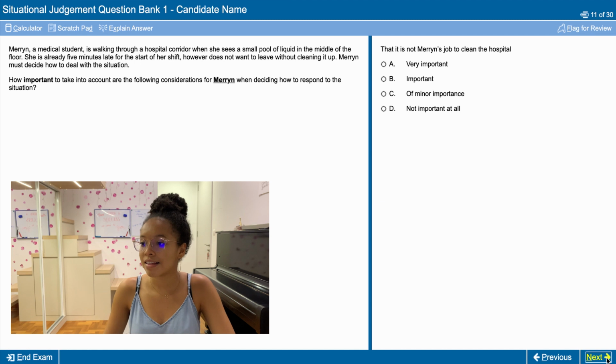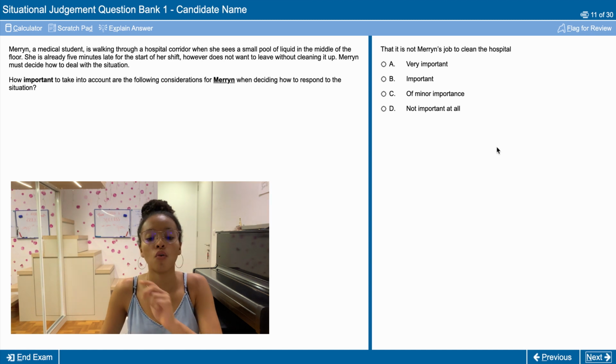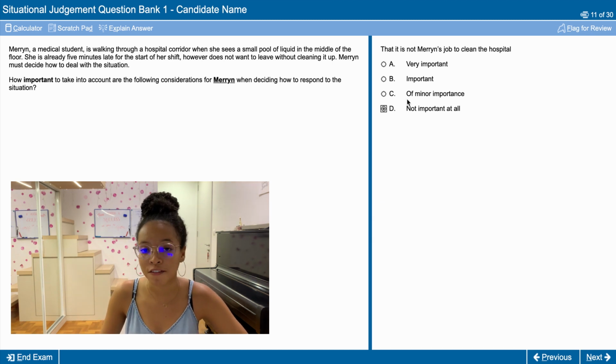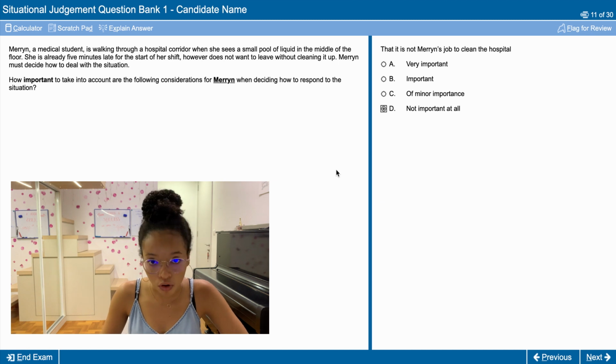Okay, the next is that it is not Marin's job to clean the hospital. This is one of those things where you know from the beginning what the answer is, and this is not important at all, because Marin still works in that hospital, and she's still responsible for the safety of the patients, as she is a medical student.